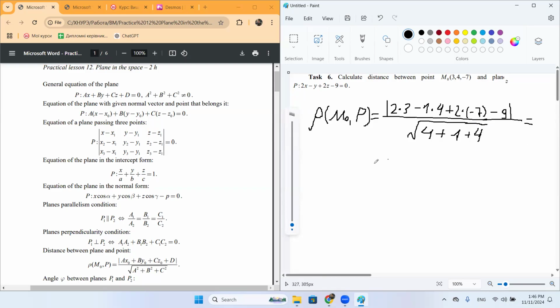So 3 here, and what we have here: 6 minus 4, so 2. 2 minus 14, so minus 12. Minus 12 minus 9, so minus 21. So the result is 7. Nice. Any questions? No questions. So moving next.